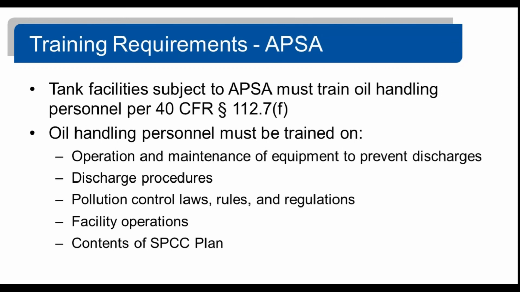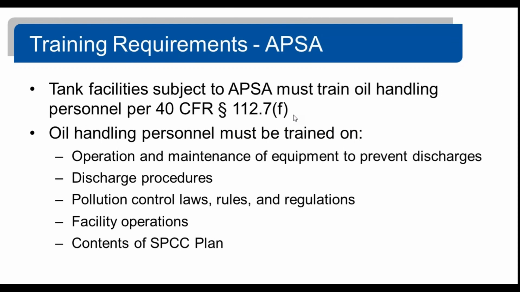Now, the SPCC plan, unlike the Hazardous Material Business Plan, only addresses under APSA petroleum, specifically petroleum that is stored in above ground storage tanks that have the capacity to store 55 gallons or more of petroleum products. Under the federal regulations, in 40 CFR Part 112, the SPCC addresses the storage of oil in above ground storage tanks.